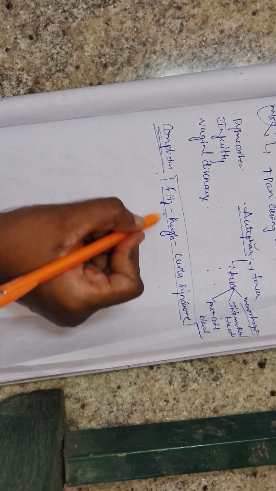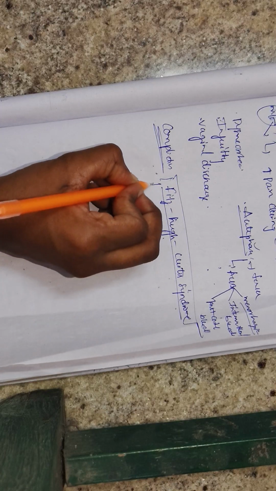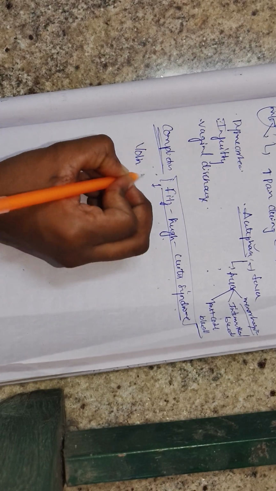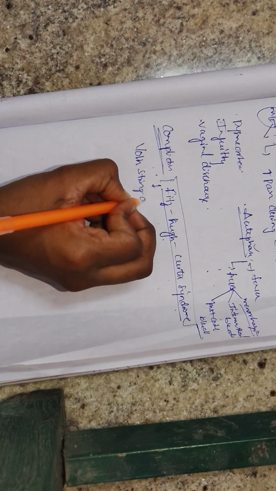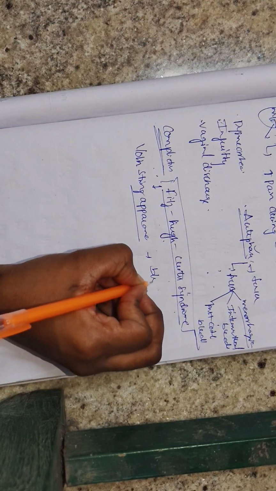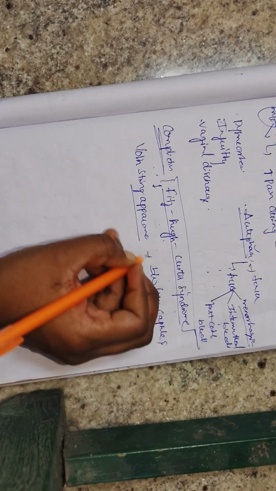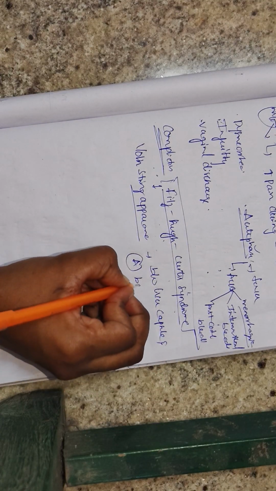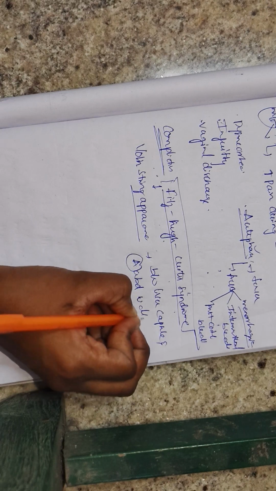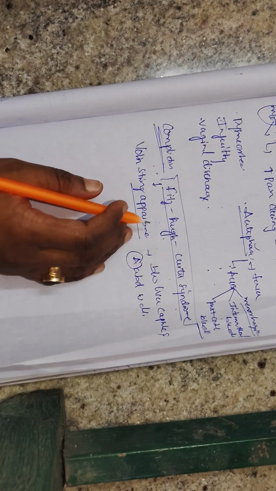This complication shows a violin string appearance. The violin string appearance is seen between the liver capsule and the anterior abdominal wall. It is called Fitz-Hugh-Curtis syndrome. Write the complication and leave it.